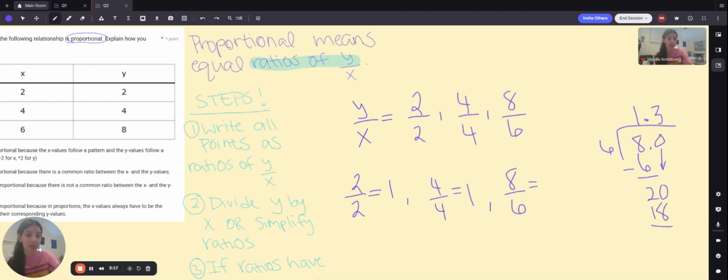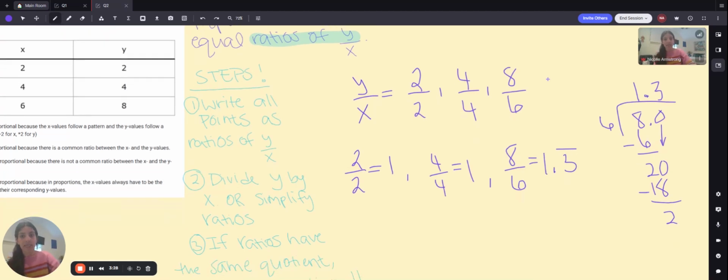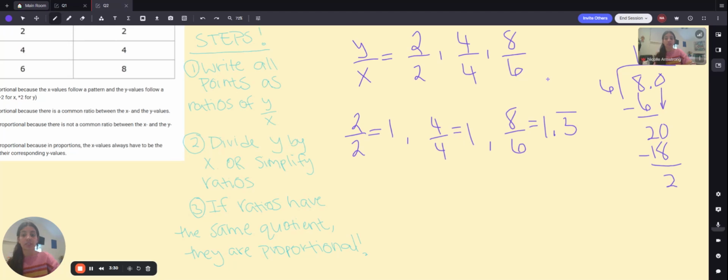We have 18, and then we continue to have a repeating decimal. So because this ratio is not equal, that gives us the answer to step 3. We do not have equal ratios, so we do not have a proportional relationship.